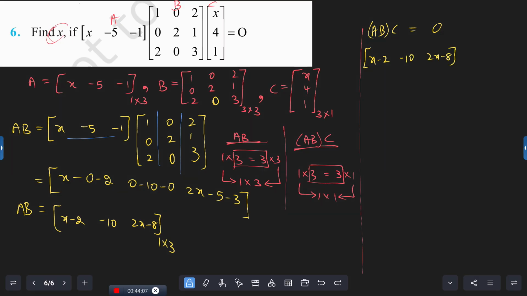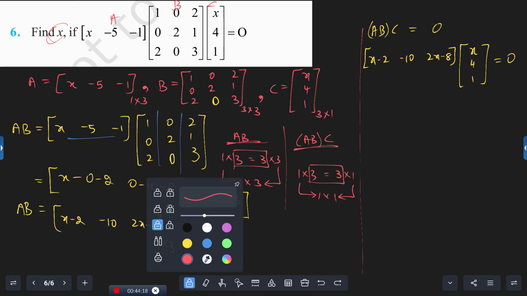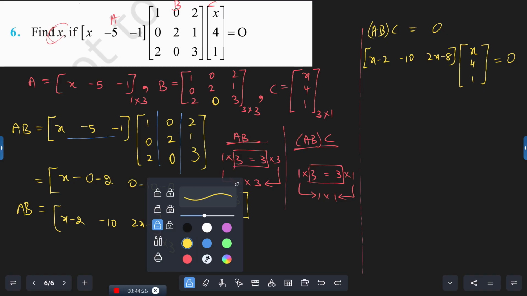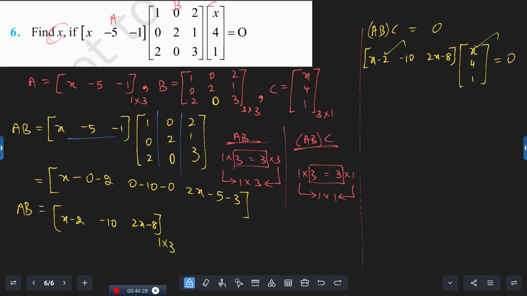C matrix is x, 4, 1, which is equal to the 0 matrix. Now we have to multiply row with the column only. But there is 1 row, 1 column. So directly just multiply and put the plus symbol. That's it. First element with the first element.